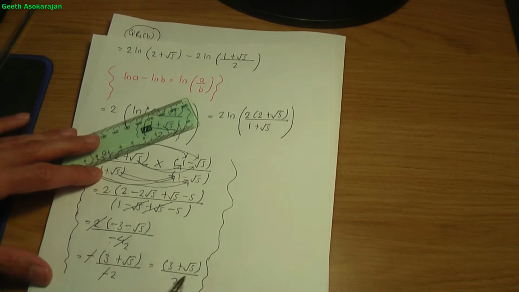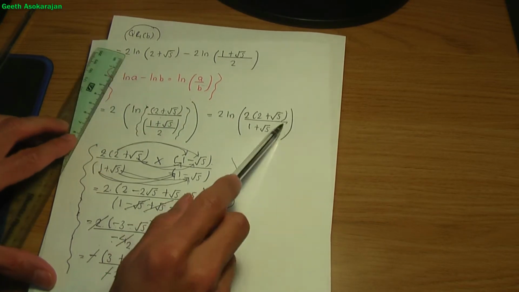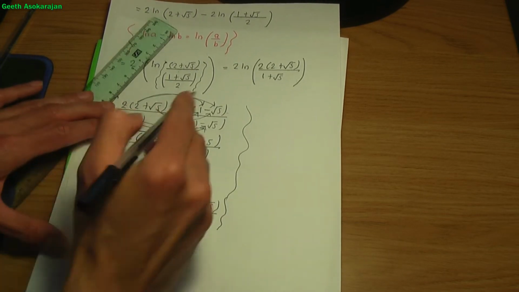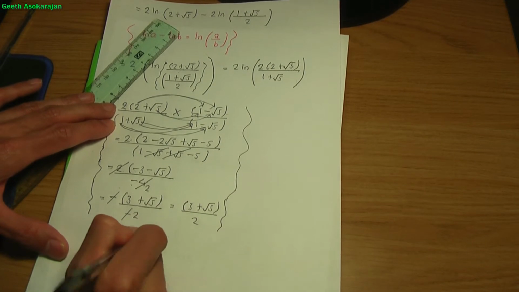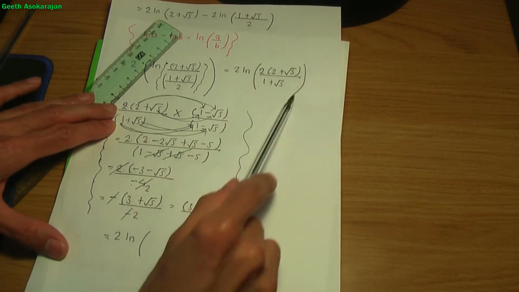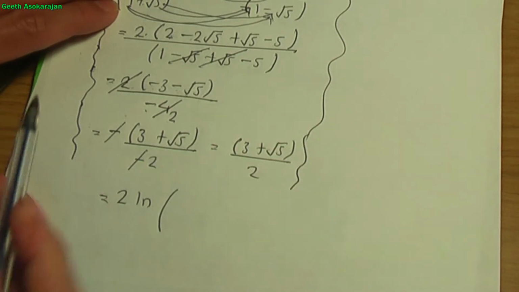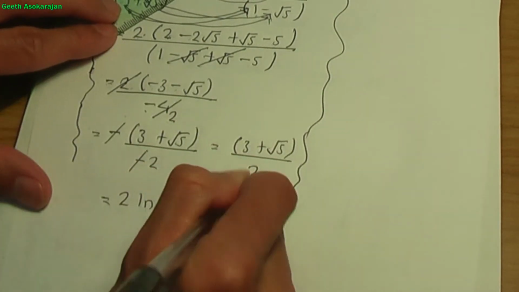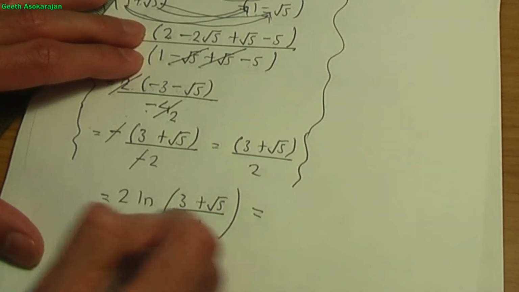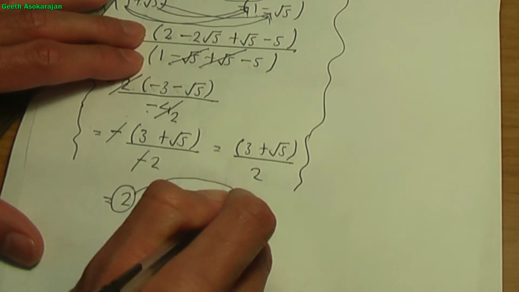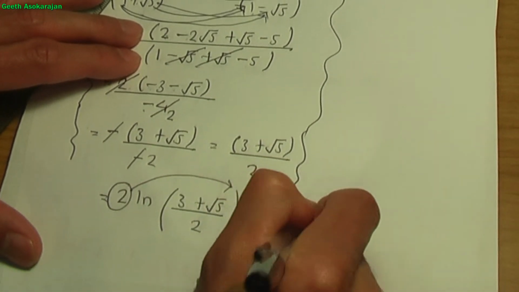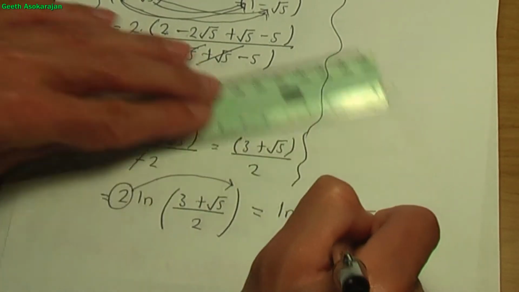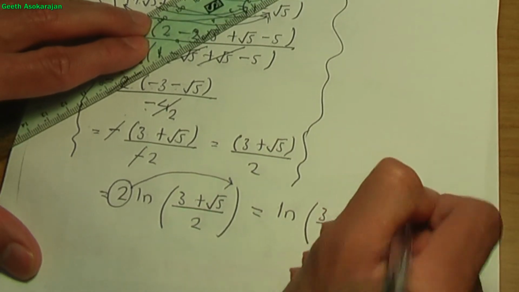Now let's use this simplified result. Let's rewrite this term over here in the main calculation. So back to the main calculation. We have 2 ln, and now when we simplified the argument, we have 3 plus root 5 divided by 2. If I make the 2 a power, I can rewrite this as ln of 3 plus root 5 over 2, to the power of 2.